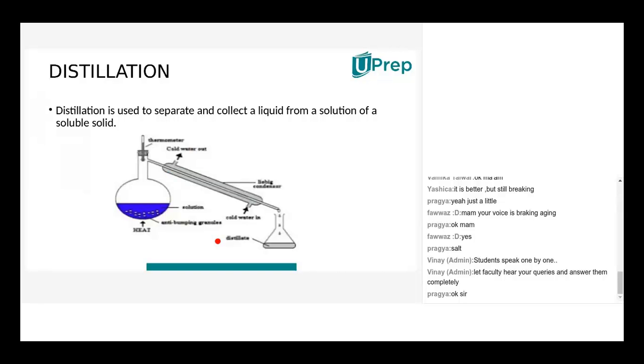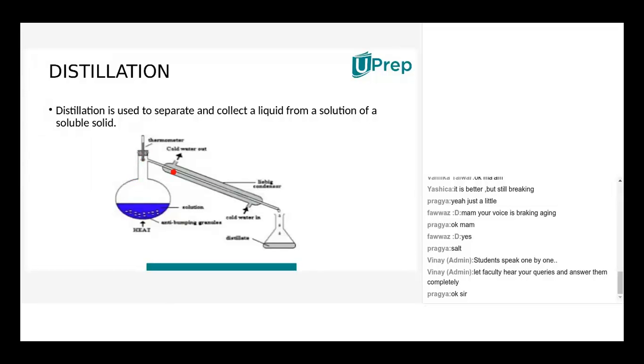Why? Because from here we find hot fumes of any other liquid. For example, if you have taken acetone, the boiling point of acetone is 56 degrees Celsius. When the thermometer shows 56 degrees Celsius, you can find the vapors of acetone, and they will pass through this condenser.